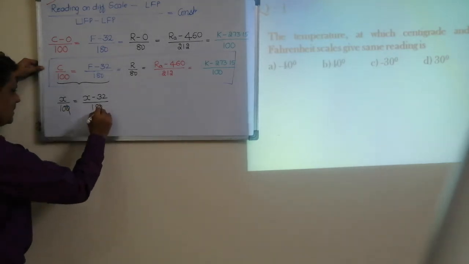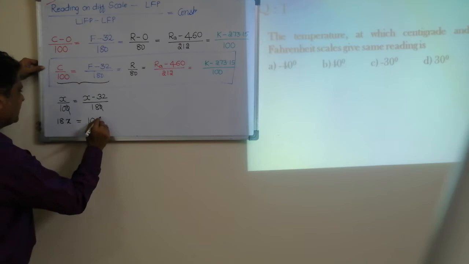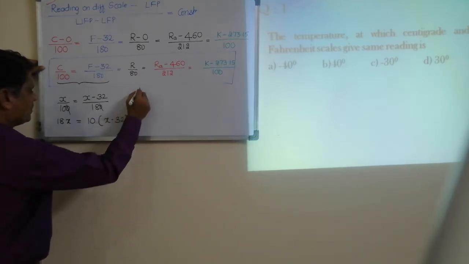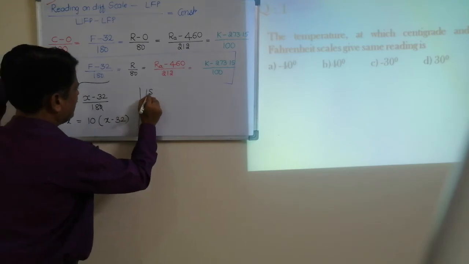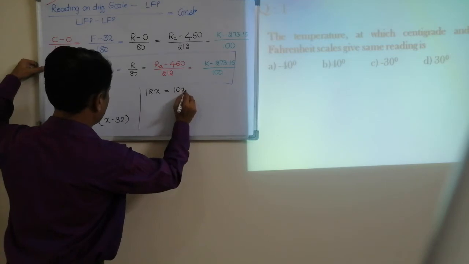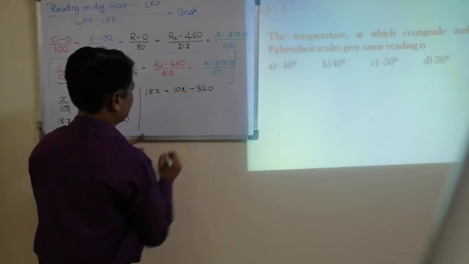So this 0 gets cancelled, cross multiply. 18x equal to 10 in bracket (x minus 32), or 18x is equal to 10x minus 320.